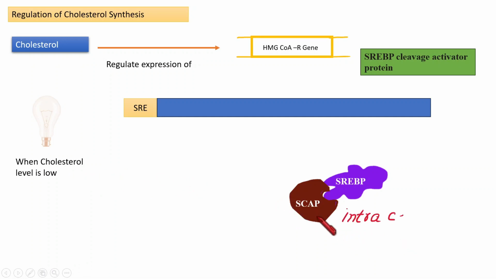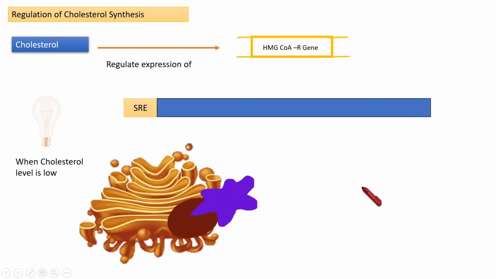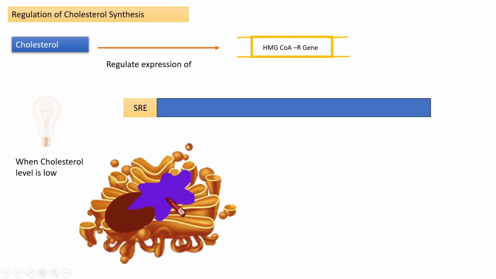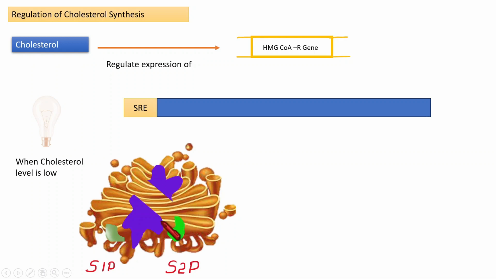So it is the intracellular cholesterol sensor, and it directs that SREBP protein to the Golgi complex. Inside the Golgi complex, certain proteases, certain enzymes are present. They are S1P and S2P. They make a cleavage on that SREBP protein and make it active.